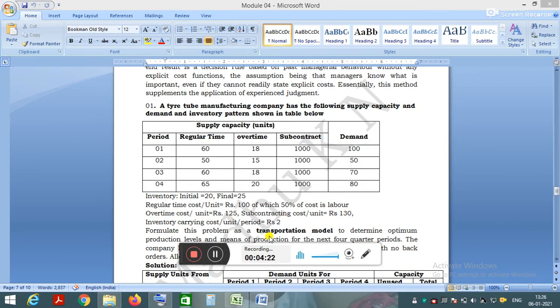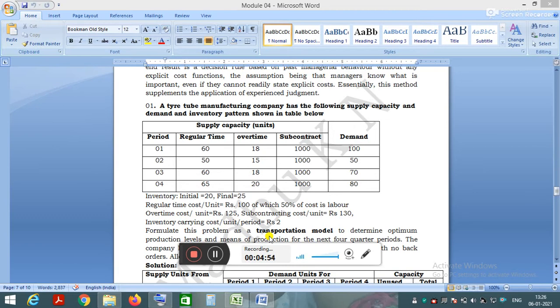And if they give subcontracting to produce any number of units, it costs 130 rupees for them. And the inventory carrying cost per unit per period is 2 rupees. For example, if they produced more than the required number of products in period 1 and stored that product up to period 2, it costs 2 rupees per unit per period.